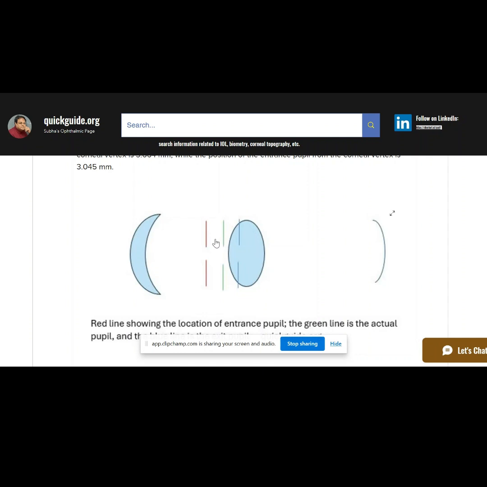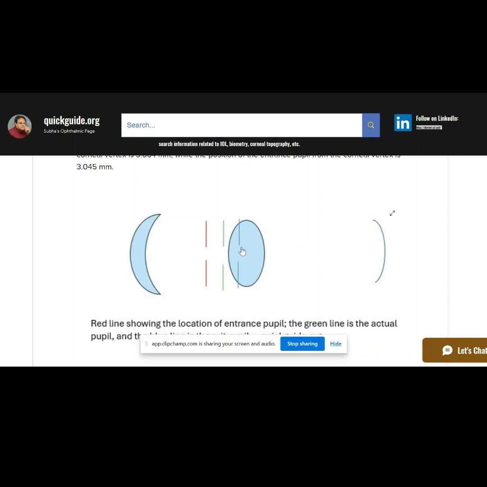Now, like the entrance pupil, there is also a concept called the exit pupil. And what is the exit pupil? The exit pupil is just the opposite of the entrance pupil. It is the image of the real pupil, but on the image side, not on the object side. Any ray of light that passes through the real pupil is also passing through the exit pupil, and it is used by the IOL to create the image on the retina.